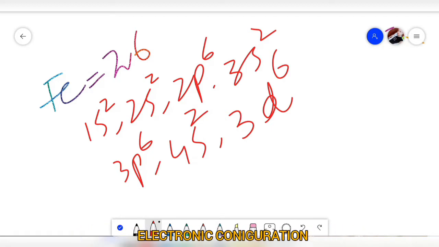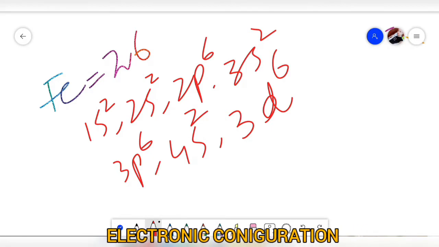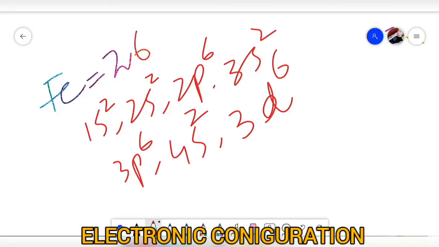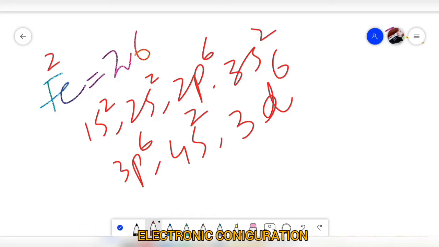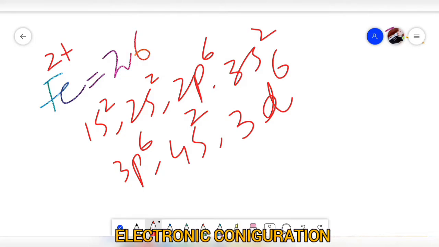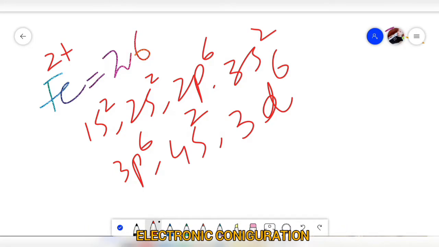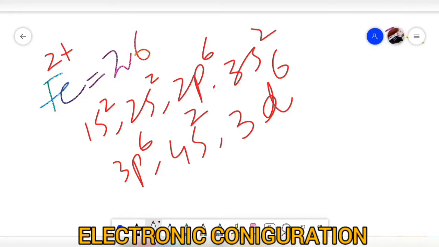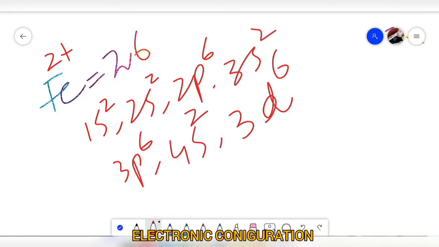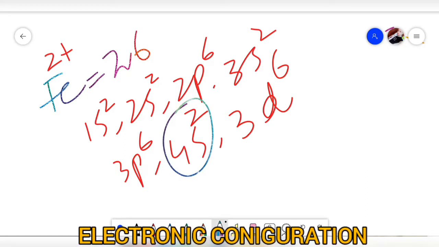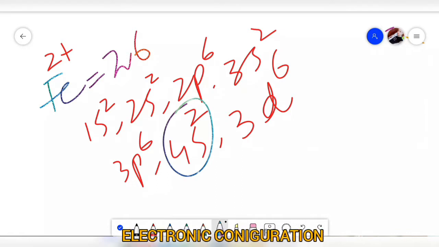Now the examiner is not going to stop you here. He will ask you, configure iron 2 plus. So what will be the configuration for iron 2 plus? When you're doing the configuration of the ions, keep that in your mind. You always have to go towards 4s because 4 is the last one.